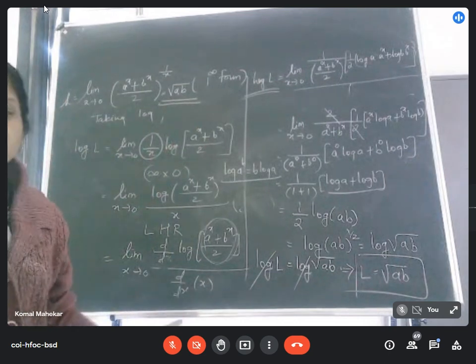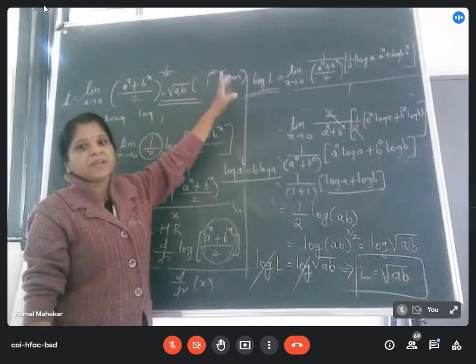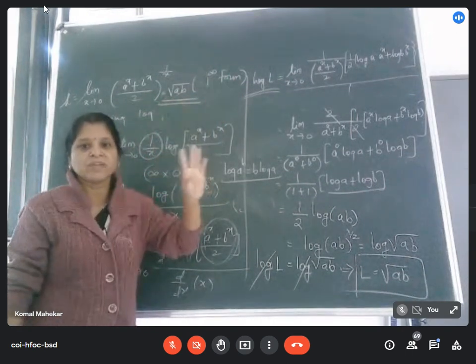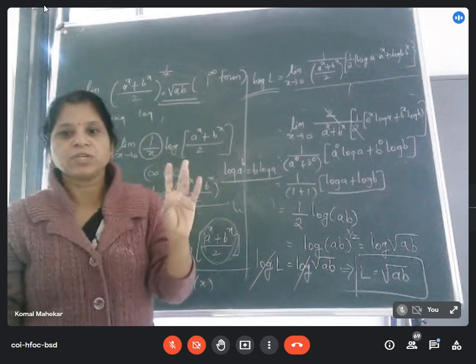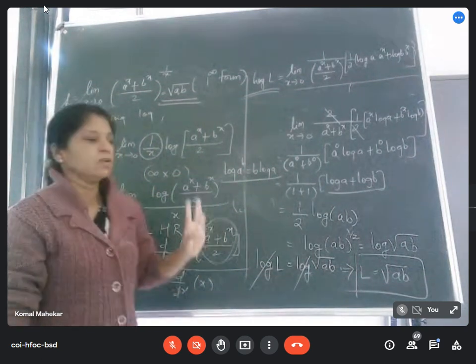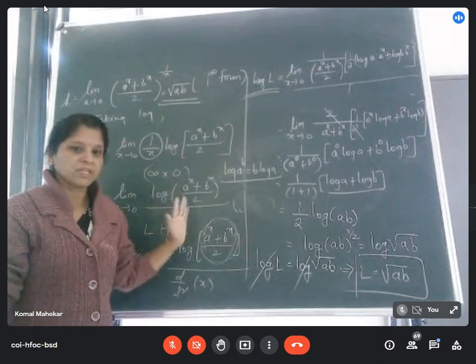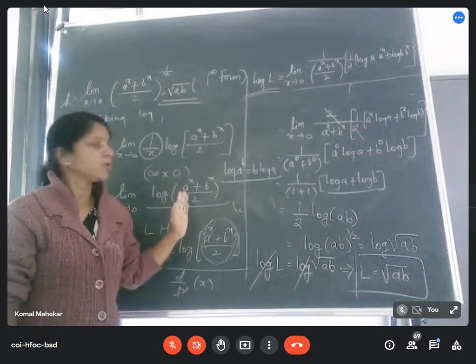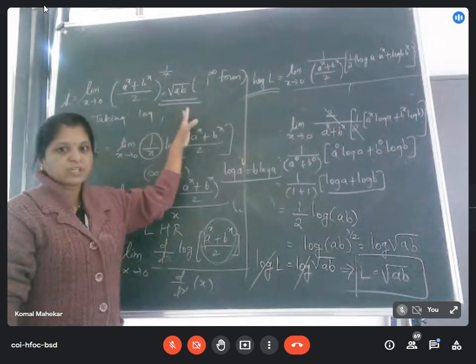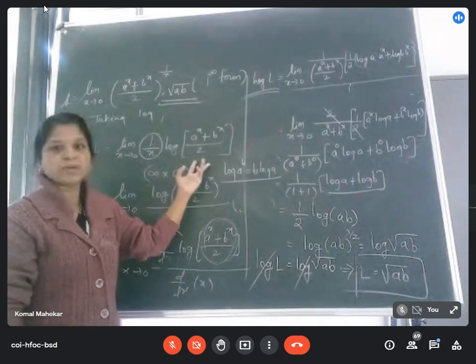Okay. So in this way we can solve the problems of 1 raised to infinity form. The procedure for solving the three forms 0 raised to 0, 1 raised to infinity and infinity raised to 0, that is similar. So use the same procedure for solving the problems of these three forms. If the question is in this form, then taking logarithm, it will convert it into 0 into infinity form.